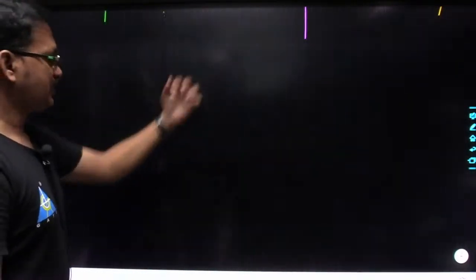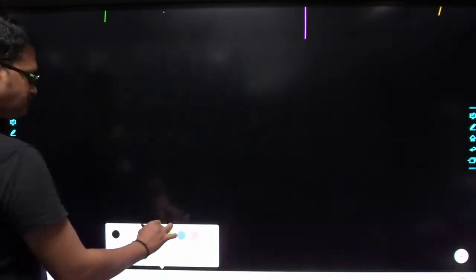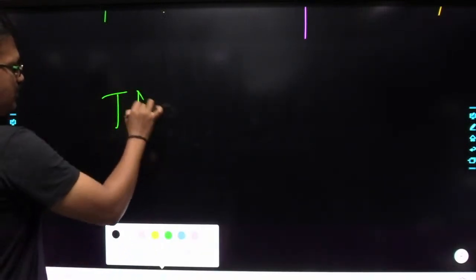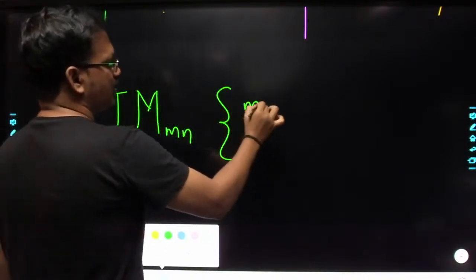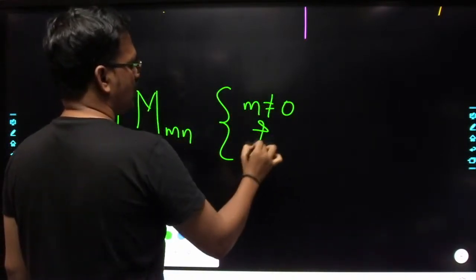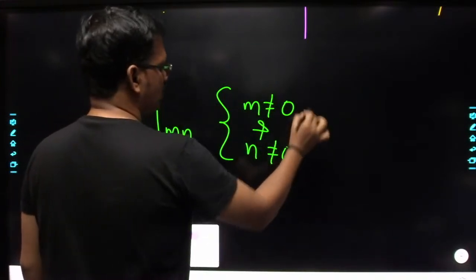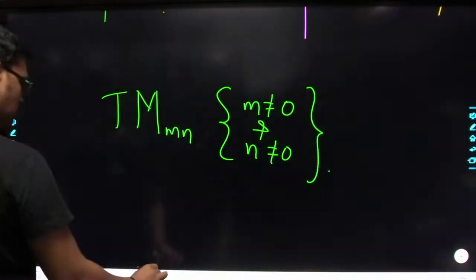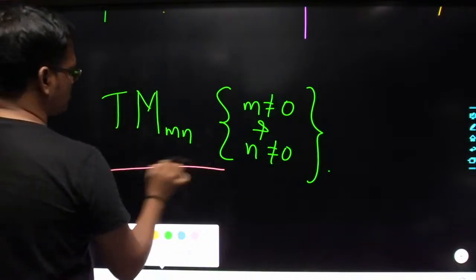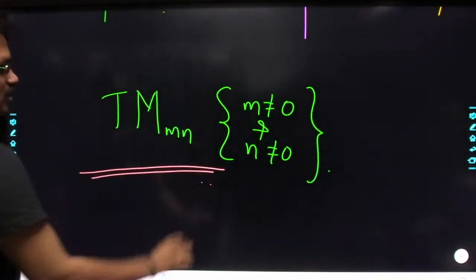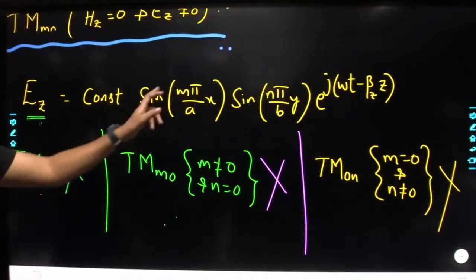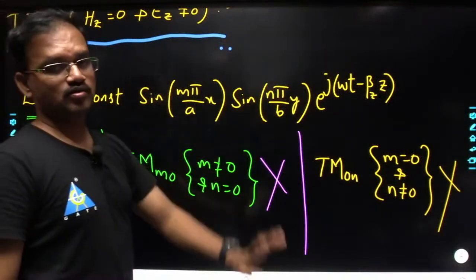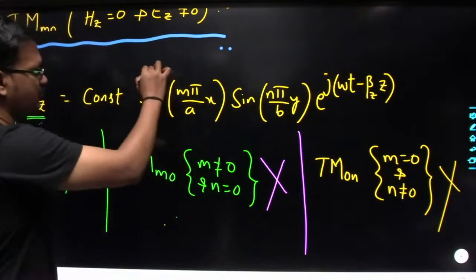Next, if I consider TMmn mode, where m is not equal to 0 and n is also not equal to 0, then Ez will exist or not? M is not equal to 0 and n is not equal to 0, so this standing wave pattern is possible.